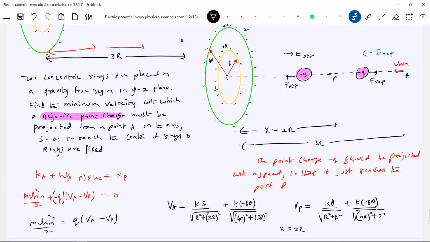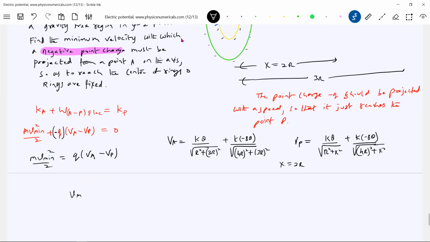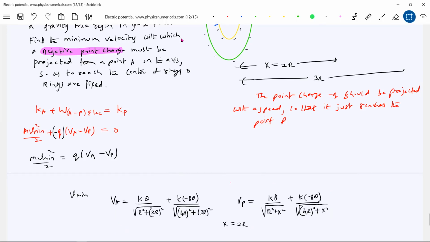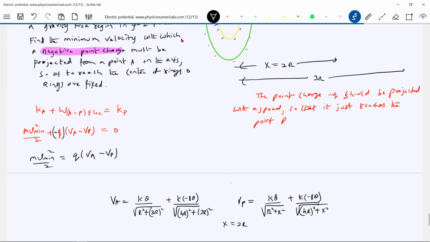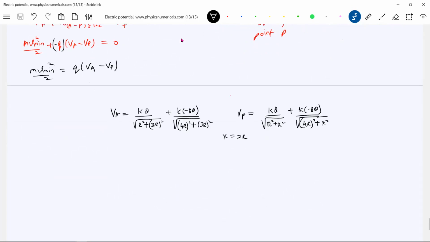Substitute all this. After substituting, you'll get an expression. You have to substitute VA and VP here. Solving this will end up with V minimum, where x equals 2R.